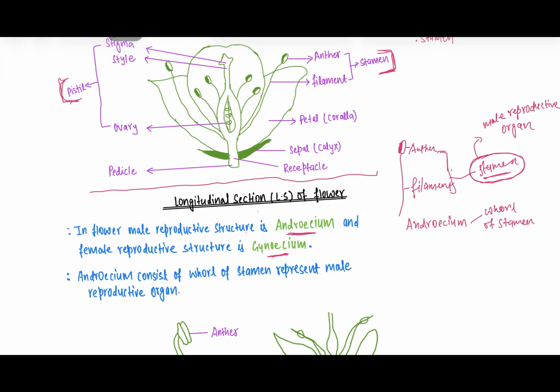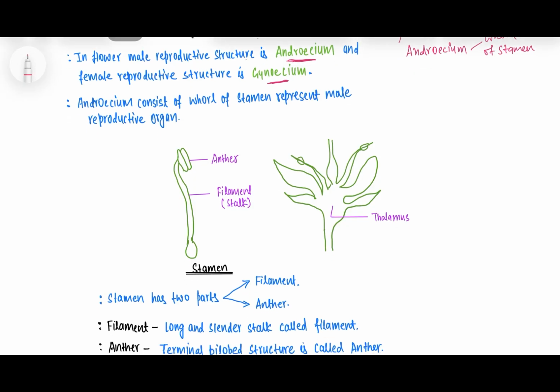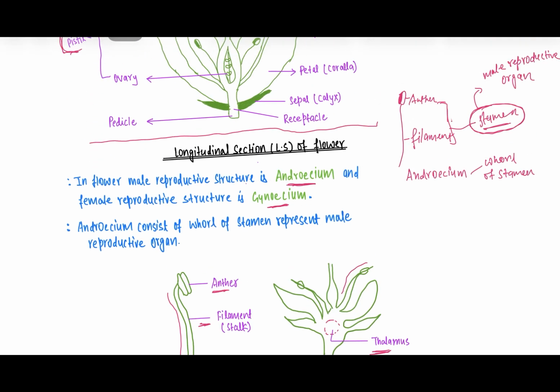See, this is anther, this part is filament. And this is anther and this is attached to this part which is called thalamus. I told you just now, stamen has two parts, anther and filament.